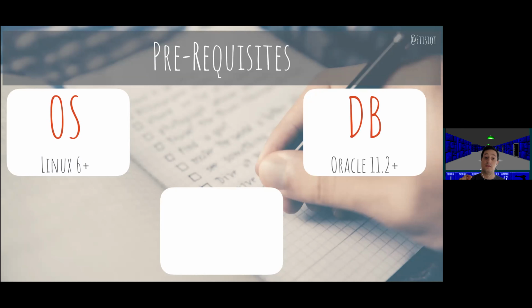As of now, OAS is supported only on top of Oracle databases, version 11.2 and after. Again, support for other types of databases is coming later. And then JDK. We need to have the specific JDK 1.8 version in order to install the software.